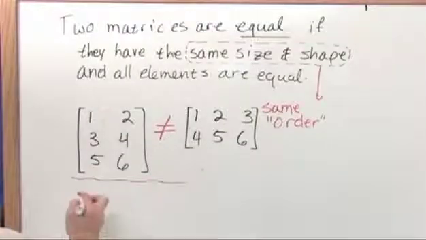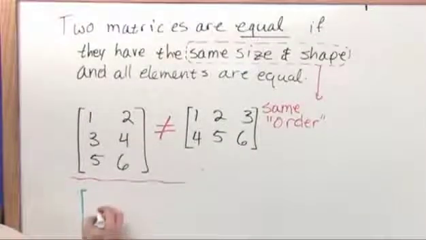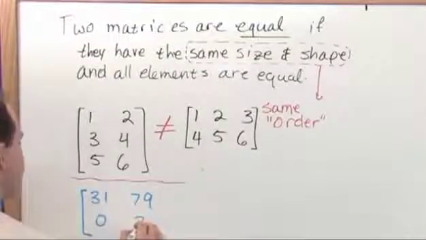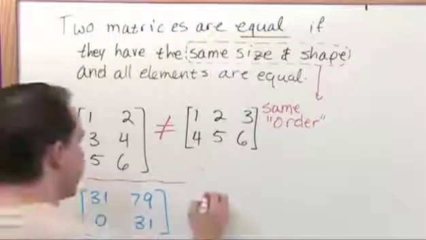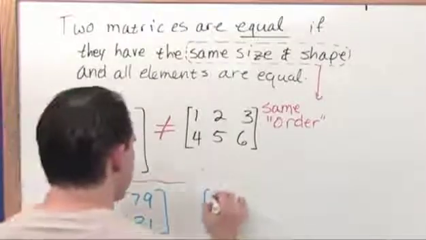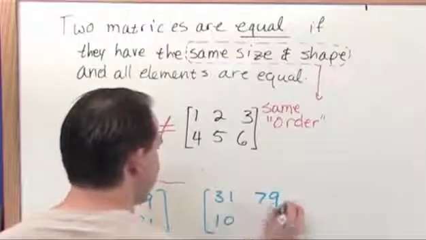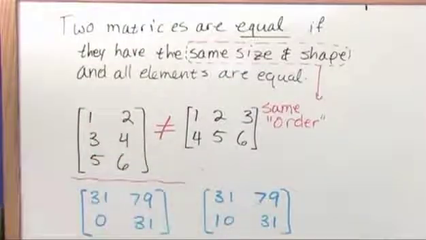Let's say you had a square matrix, and it was 31 and 79 on top, 0 and 31 on the bottom. And I'm going to write down another matrix, and let's see if they're equal. 31, 79, 10, and 31. And I ask you, based on this definition above, are these two matrices equal?